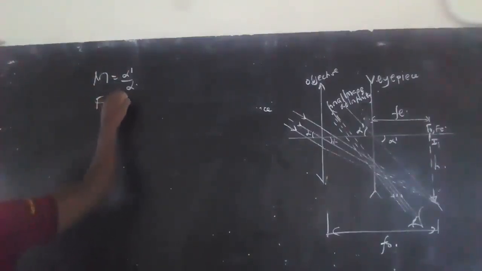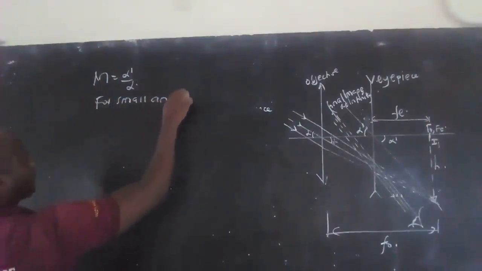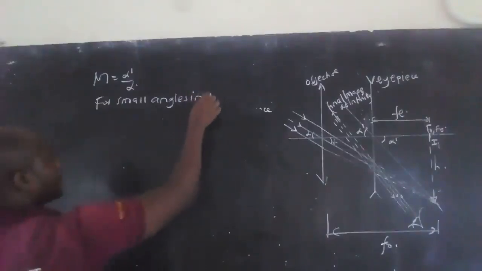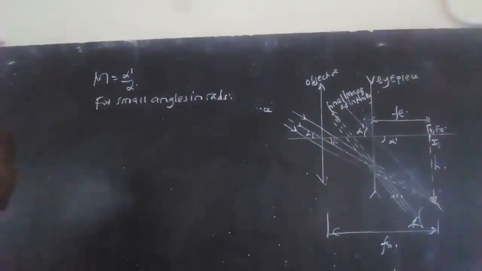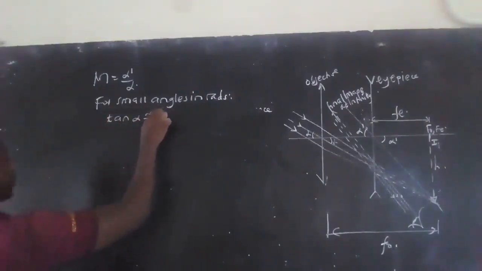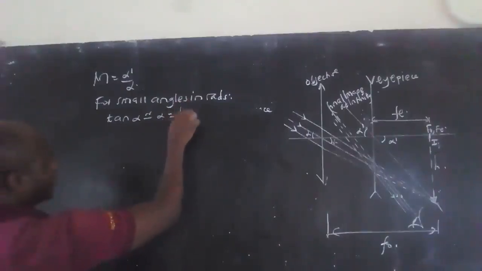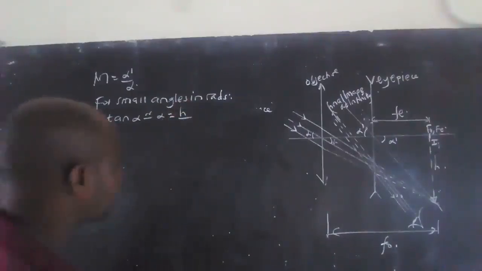For small angles, in radians, tan of alpha approximately equal to alpha, which is h over adjacent, and adjacent is F0.